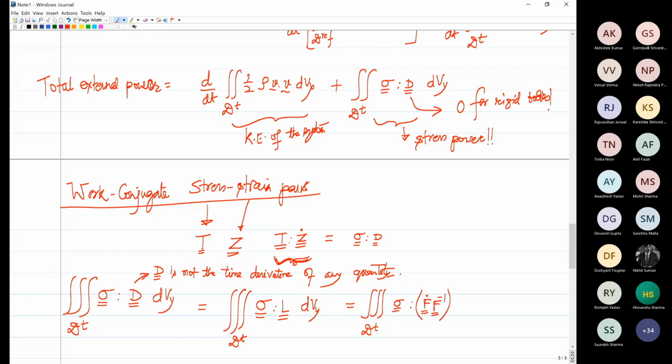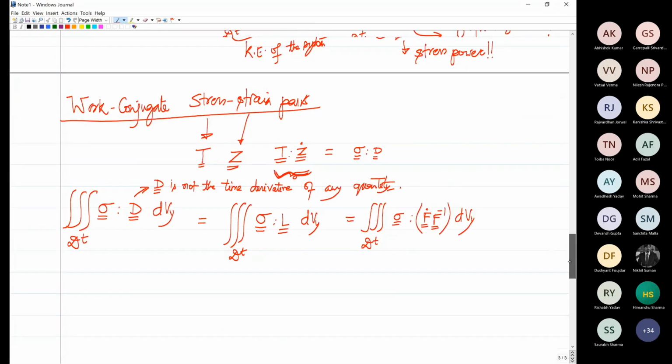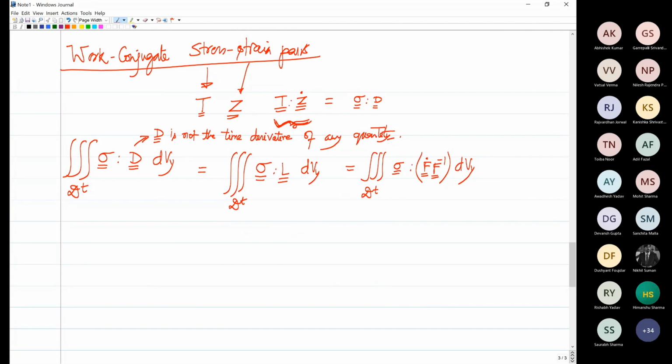That's your L, no? dvy. Okay, now when you work out, using indicial notation, you can bring this f inverse on the other side, but then you get a transpose.